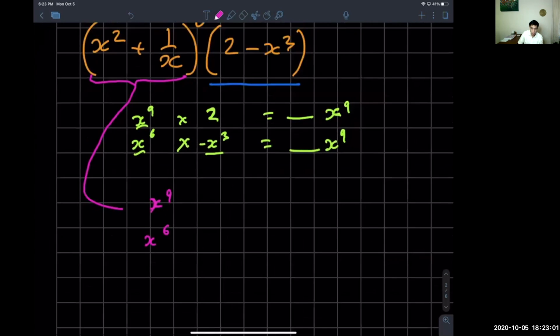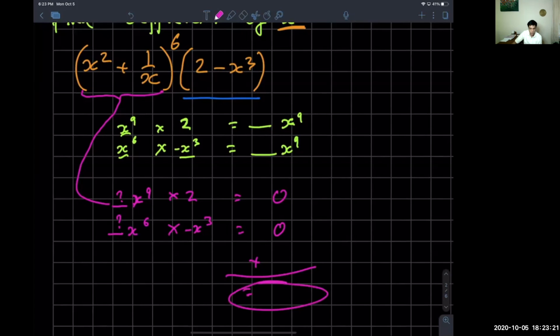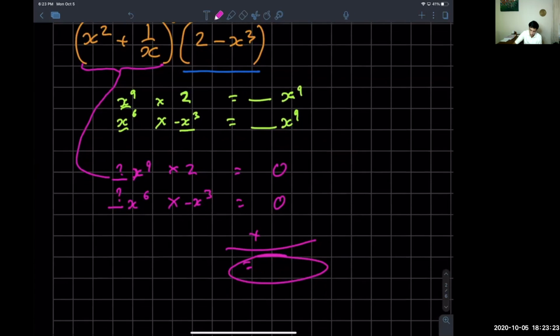We multiply the x to the power 9 term by 2 and the x to the power 6 term by negative x cubed. Whatever those products are, we add them up, and that gives you your final answer. That will be the process.